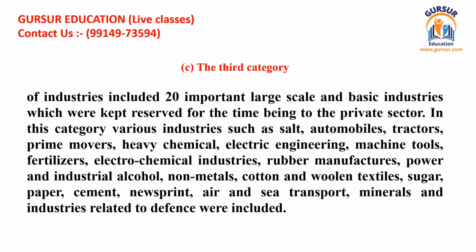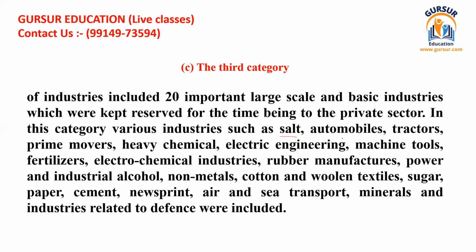So what are these categories? I'm not going to take the name of each and everything, it will be provided to you, but I'm just going to tell the names of some industries which were kept reserved for the private sector for the first time.